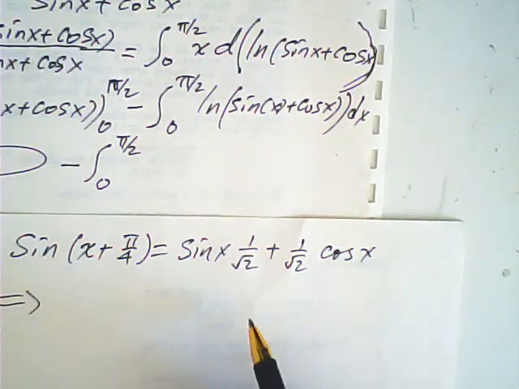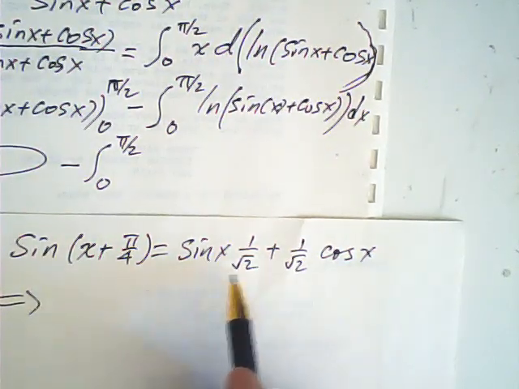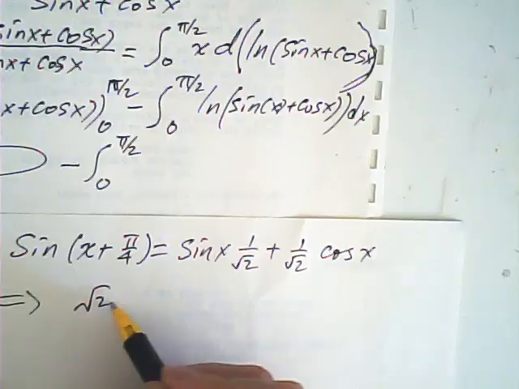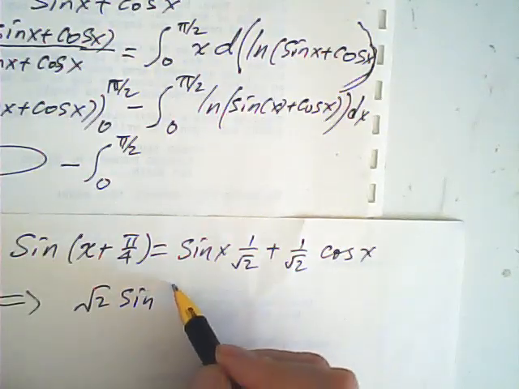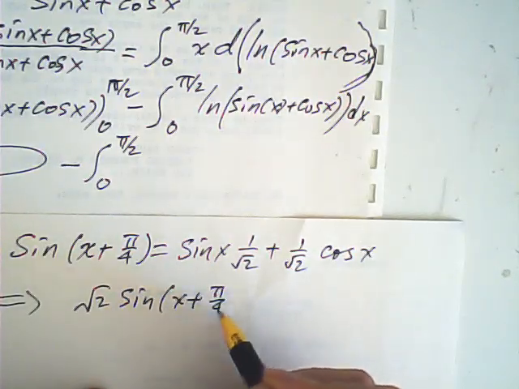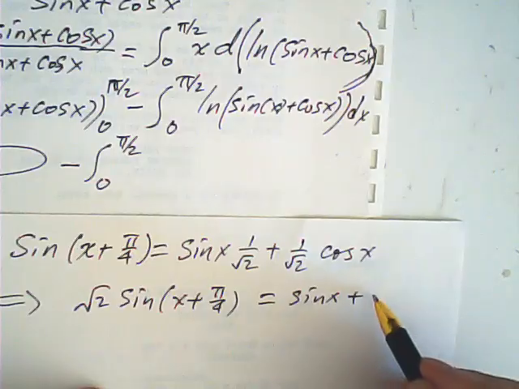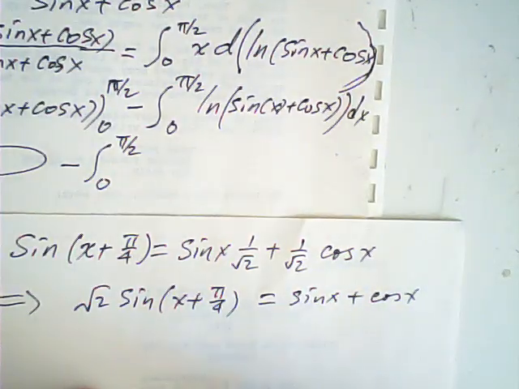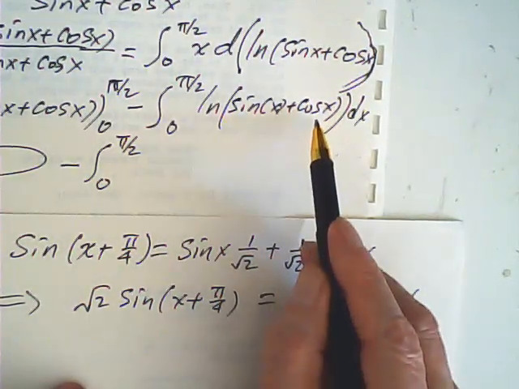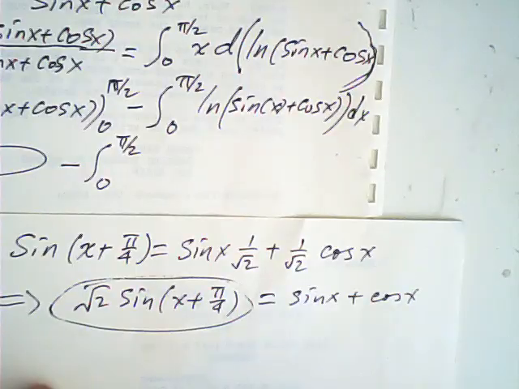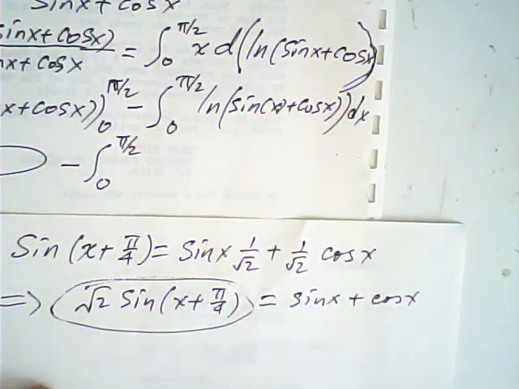So we have a common factor times this over there. So that means root 2 times sine(x plus quarter pi) is equal to sine x plus cosine x. So here I have a sine x plus cosine x. I can replace it by that. See?